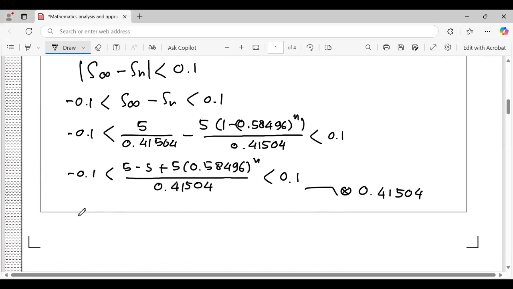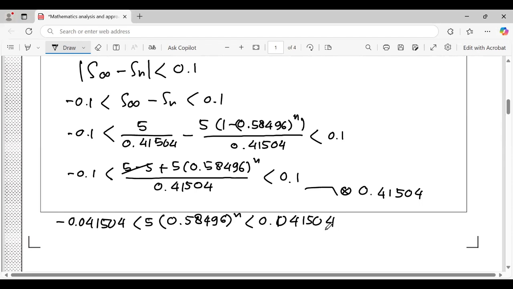If multiply, this is 0.041504. Sorry, 0.0410504. And the next step, divide by 5.